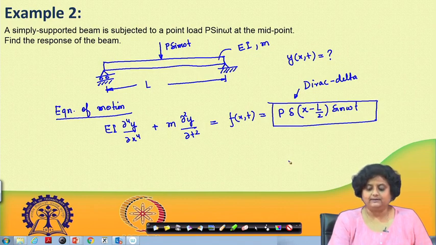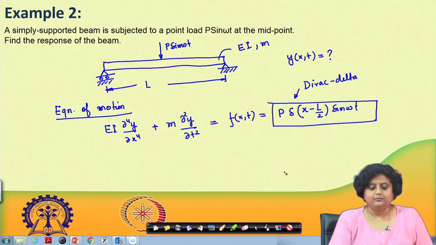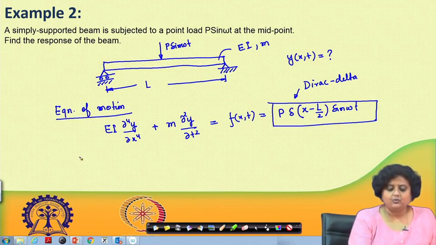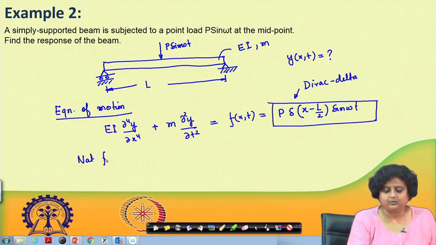Now we see that this expression for the force has a spatial part, and a time part which is given by sin omega t. Now, let us see how to solve the problem. Before solving the problem, we know the natural frequency of a simply supported beam.